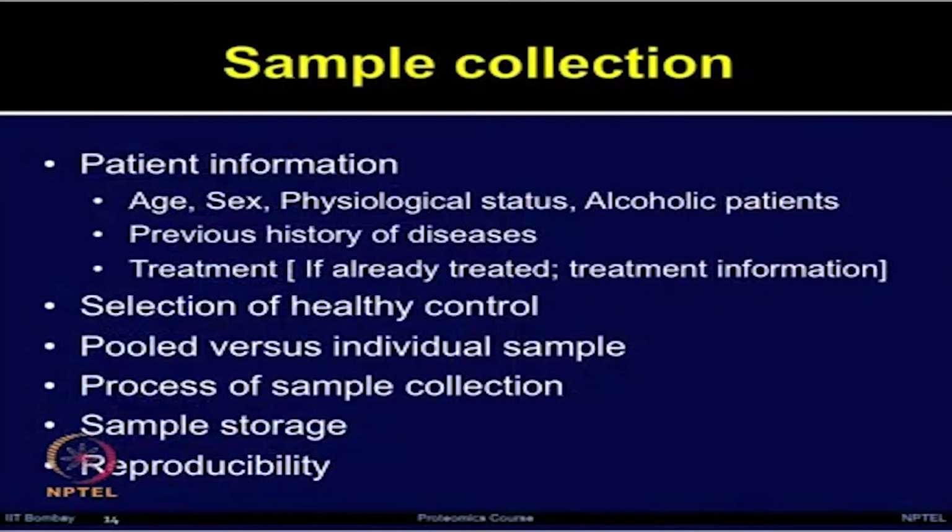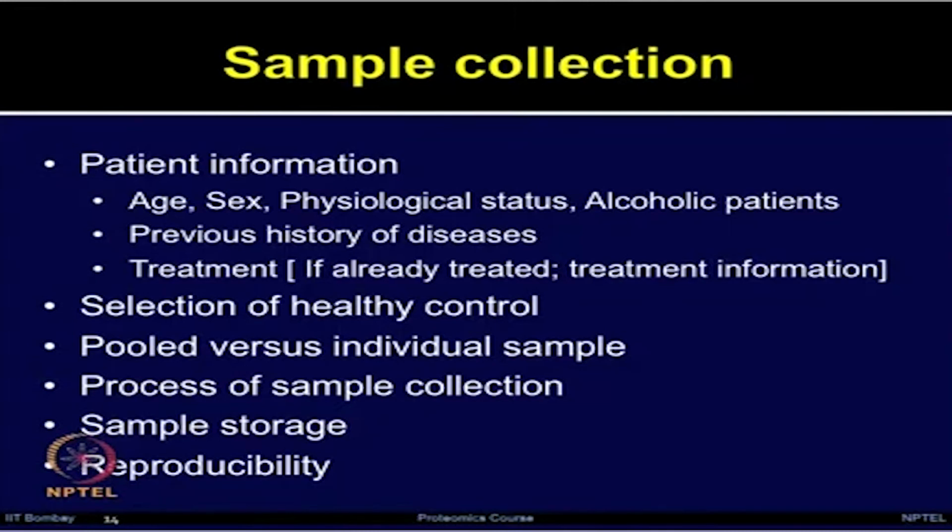So, to obtain the samples, first of all, one needs to get the ethics committee approval. The scientific committee has to look at the proposal, review and approve it, and then patients which fall into those categories which you want to investigate have to be enrolled after taking their consent, and ethically it should be approved.